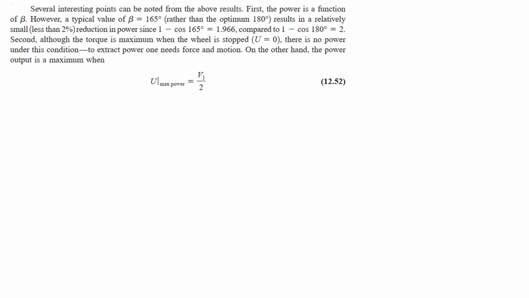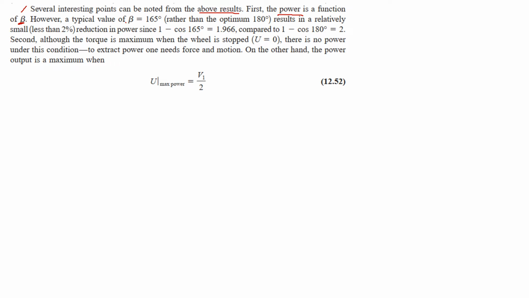So now several interesting points can be noted from the above results. We can also have an angle beta that is involved in the equations that we saw for the torque and the power. So we can have different values of beta, and then we can have different results. First, power is a function of the angle beta.